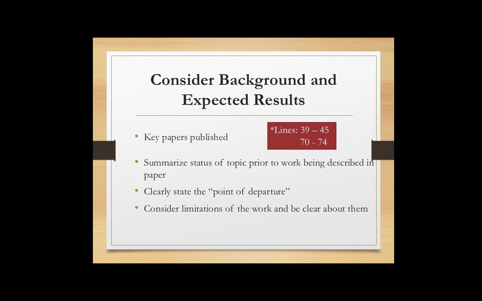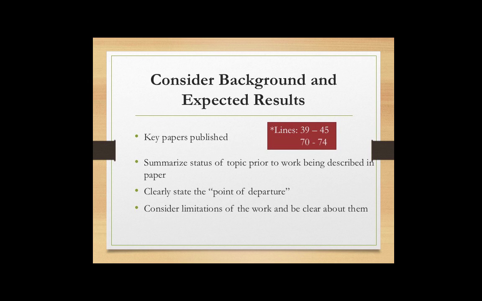The next thing you want to consider after the problem statement, when you're working through the body of the work and looking at the literature review, is what is the background, and are there expected results to the paper that you need to think about early on in this process? Are there key papers published? Summarize the status of the topic prior to being described in the paper. That's important because you need to set a point of departure, right?